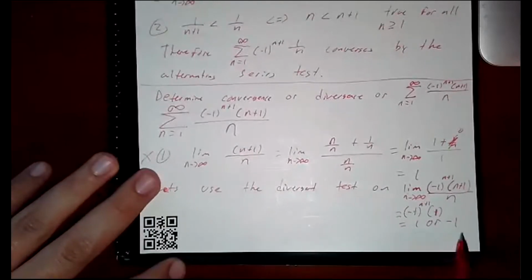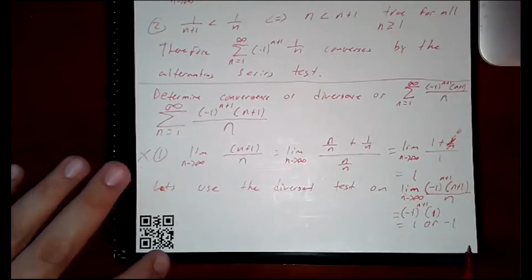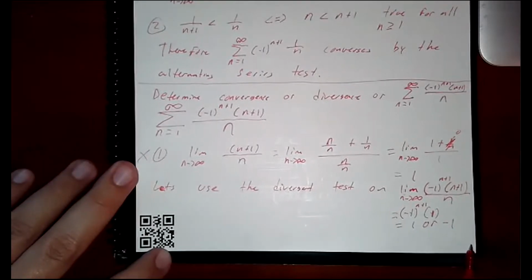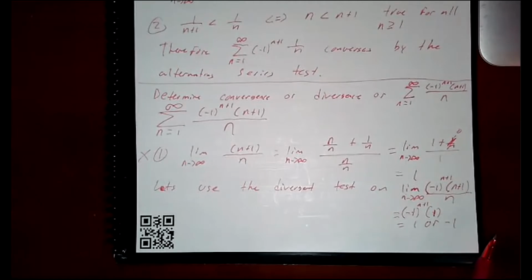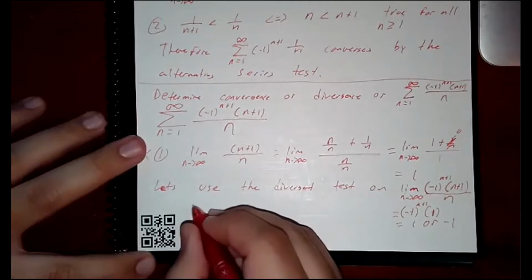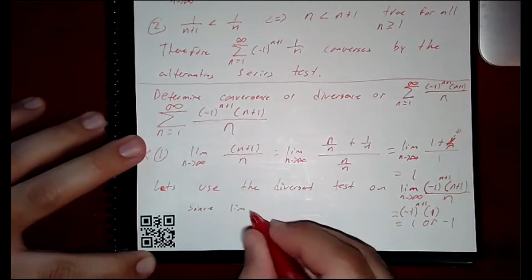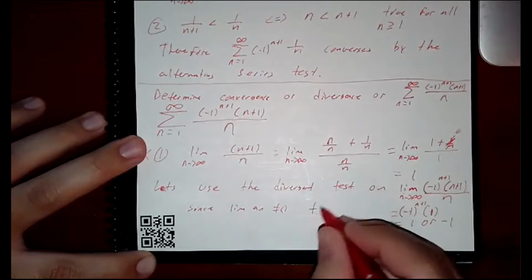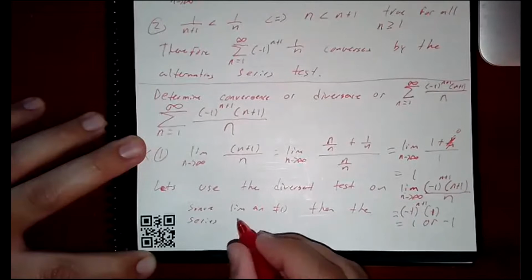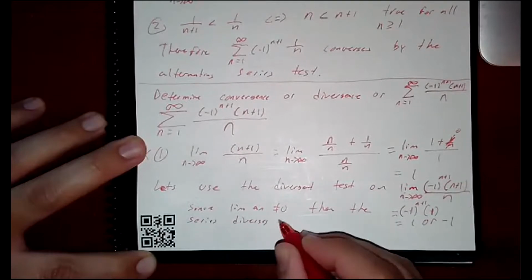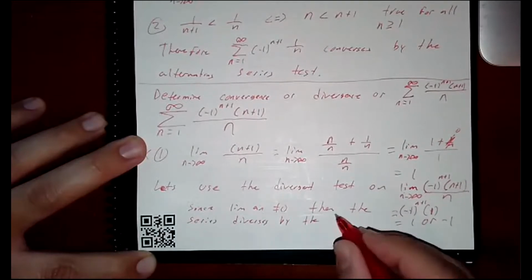It's going to be either of these values over and over again. You see what I'm saying? Yes. Since it doesn't stay on one value, that means there is no limit. So since the limit of the sequence is not 0, the series diverges by the divergence test.